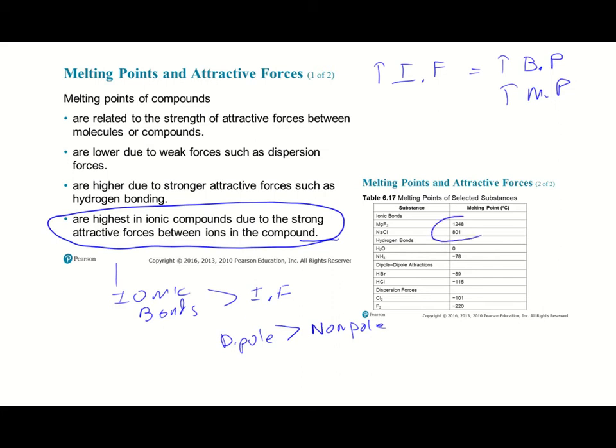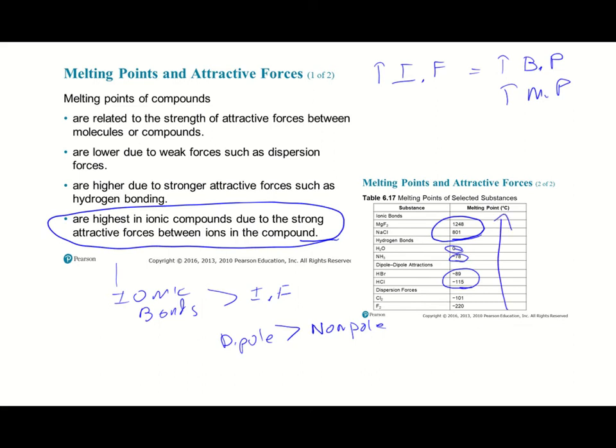If you look, you have hundreds and thousands of degrees Celsius in order to melt an ionic compound, whereas water melts at 0 degrees and ammonia with hydrogen bonding at -78. Dipole-dipole interaction, -89, -15, right? Strength increases this way.